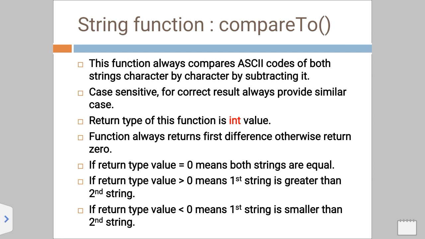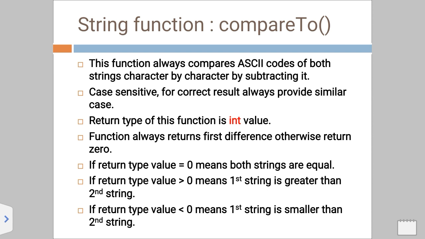See how. This function always compares the ASCII code of both strings' characters by subtracting them. How? I'm going to tell you. This function is used to compare the ASCII codes of the characters of both strings. And what you have to remember is that this function is also case sensitive.